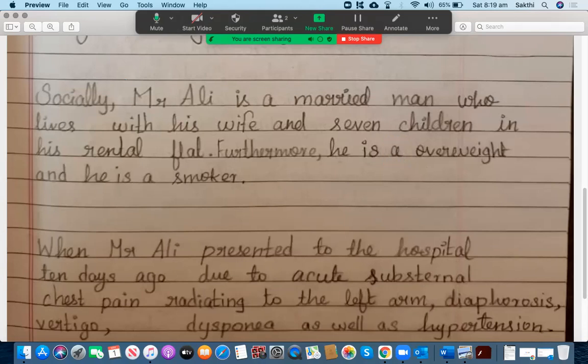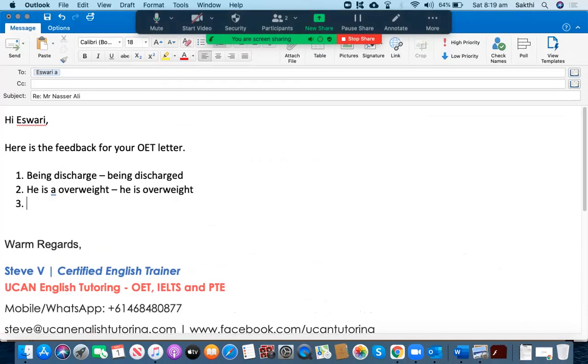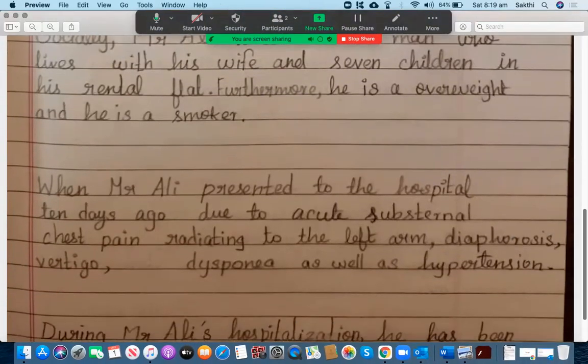So what she should have done is write "he is overweight". Right, that's the thing. But apart from that, it's all right. And he's a smoker. That's all right.